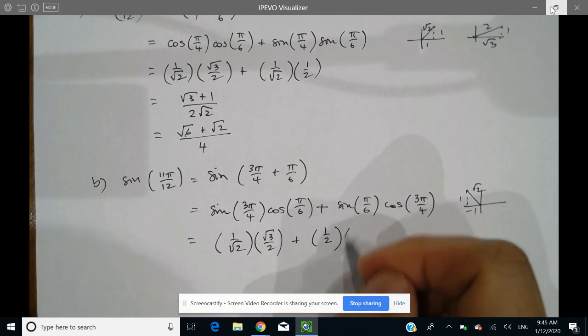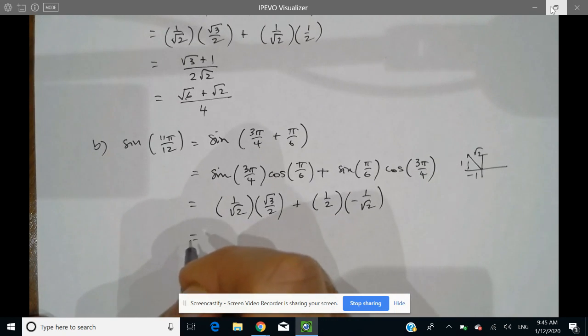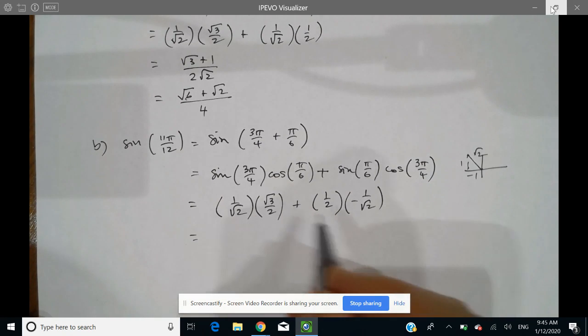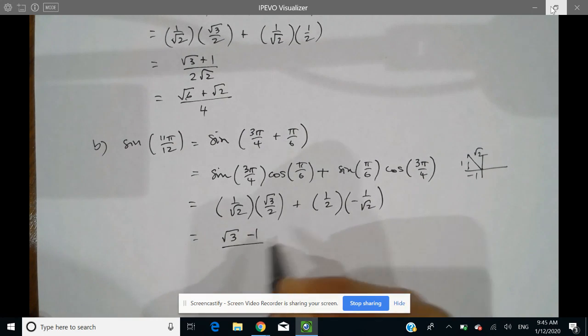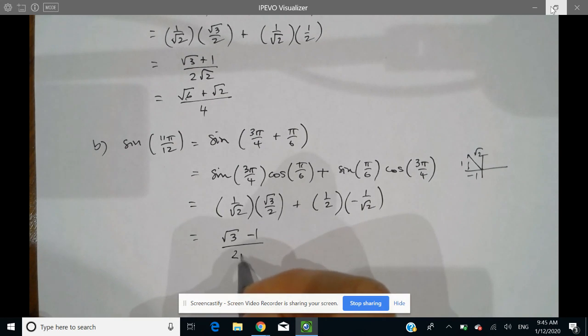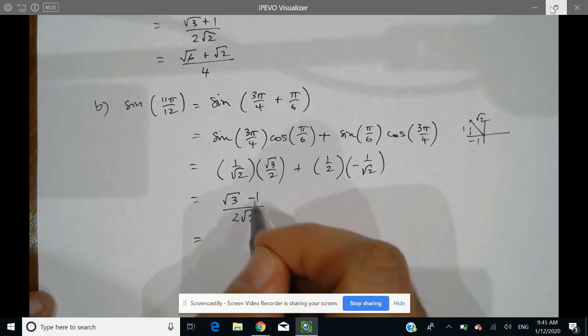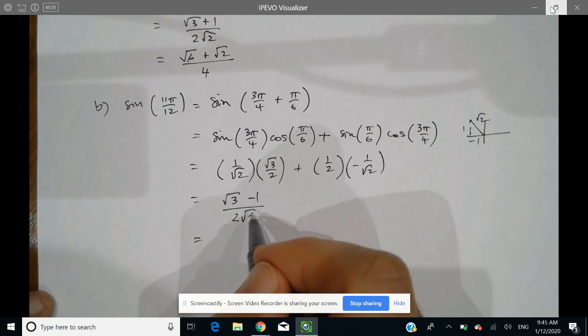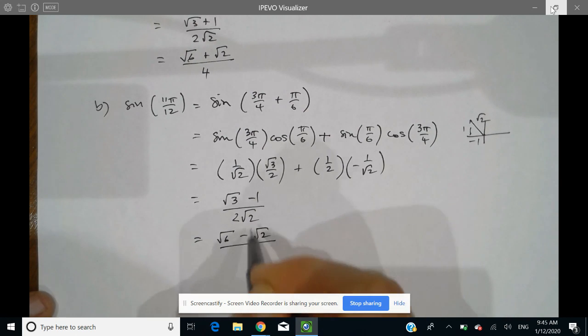All right, bring this all together, and we have again root 3 minus 1 over a common denominator of 2 root 2. You can leave your answer like that, or multiply numerator and denominator by root 2 to rationalize. So this will be root 6 minus root 2, and root 2 times root 2 again is 2 times 2, which is 4.